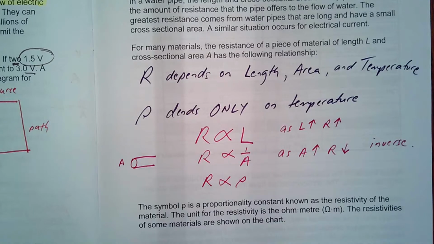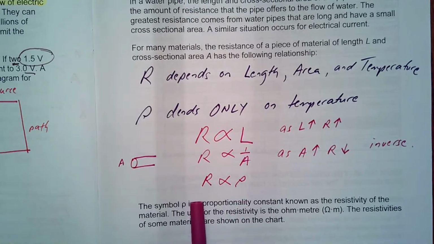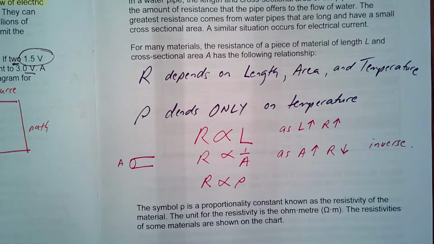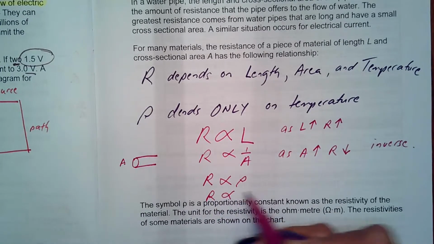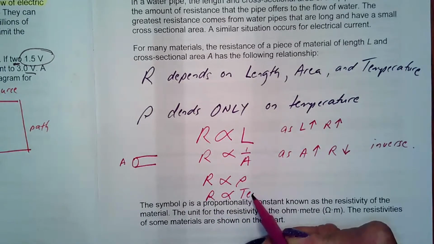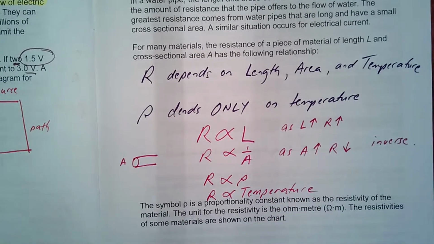So the ability of copper to resist the flow of electrons is low, so therefore the resistance would also be low. And resistance, I'm going to just add here, is proportional to temperature. And that would be the same thing with resistivity.